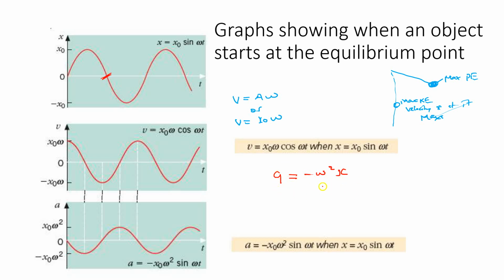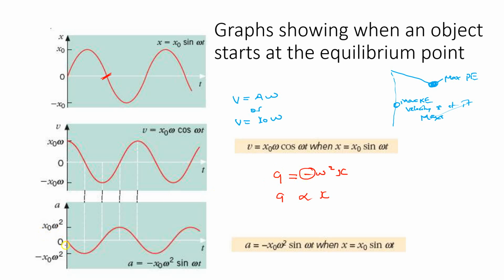This equation tells us that a is directly proportional to x, which tells us that the more you displace the object from the equilibrium position, the more acceleration you're going to have. The minus sign tells us that the acceleration is always going opposite to the displacement.